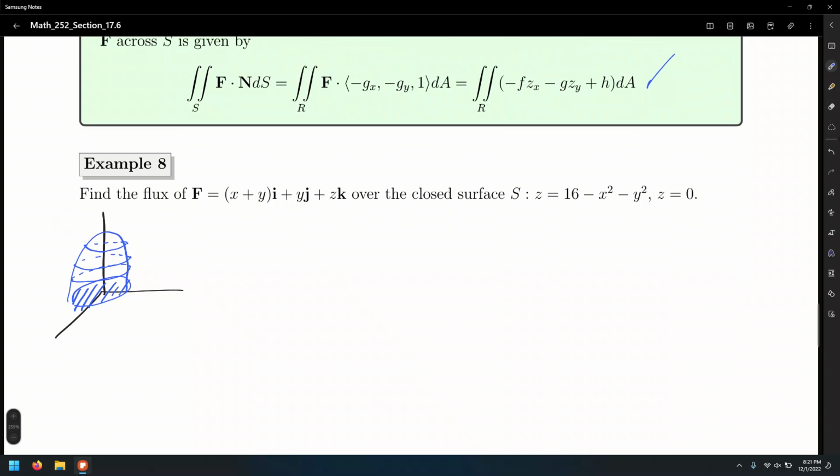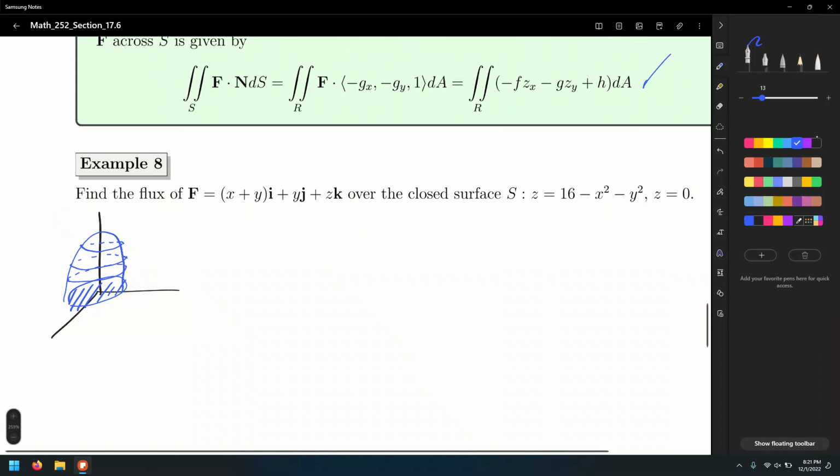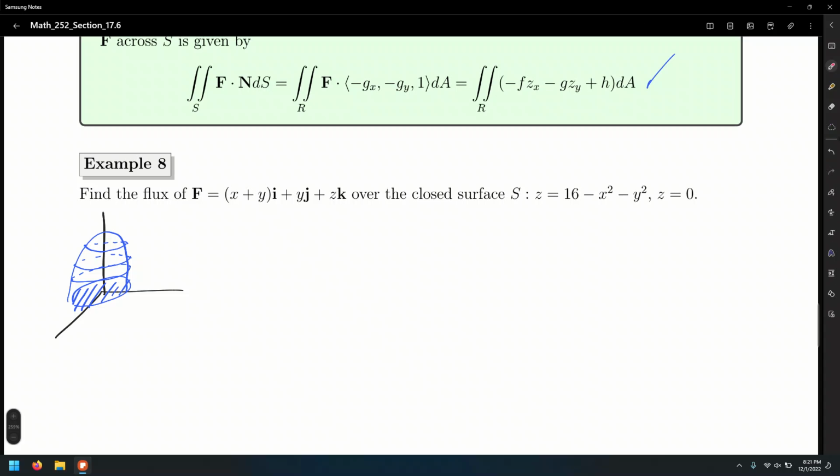For again, the convention for closed surfaces is that we have these normal vectors pointing out of the surface, like this. And notice we have a bottom part over here. That bottom part has normal vectors pointing in the negative direction of K or Z, either way.